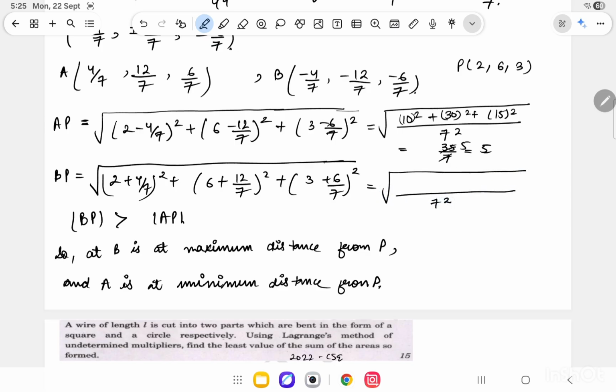7 square into 7 2s are 14 plus 4, that is 18 square, plus 6 7s are 42 plus 12, that is 54, plus 7 3s are 21, plus 6, that is 27.